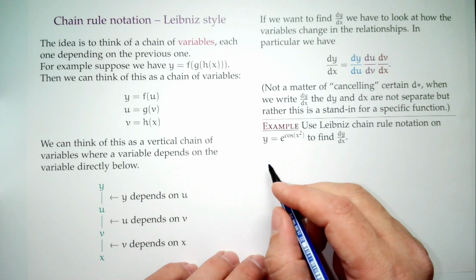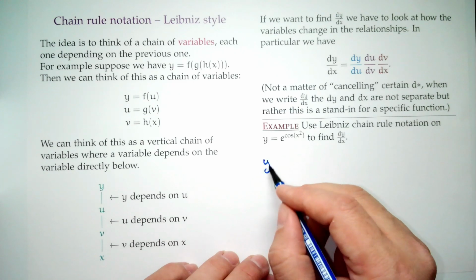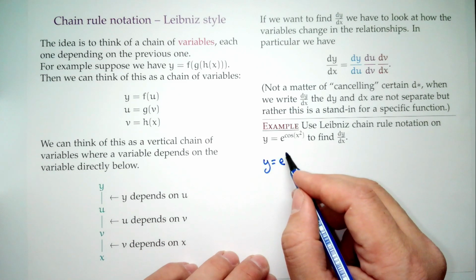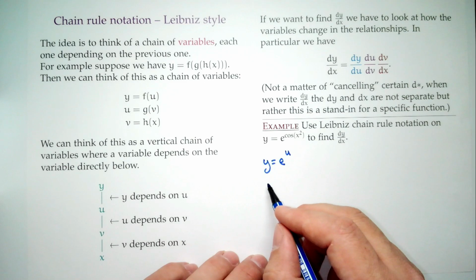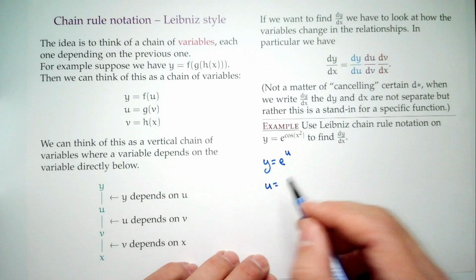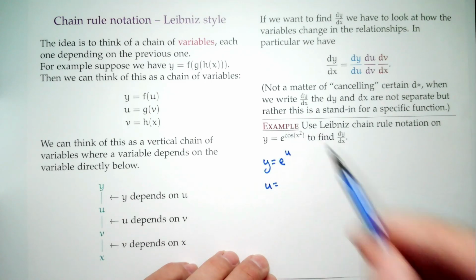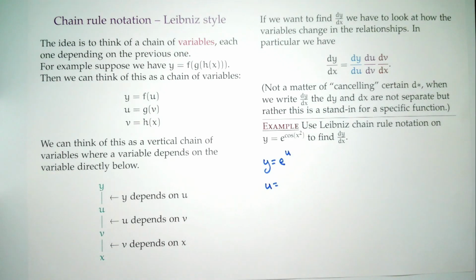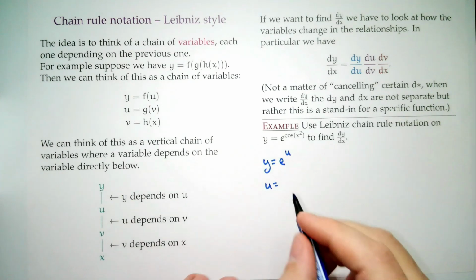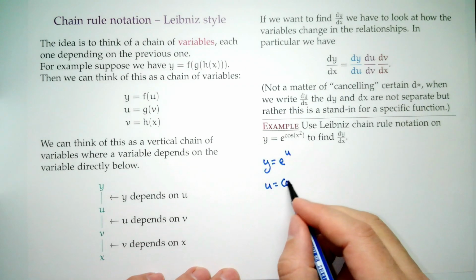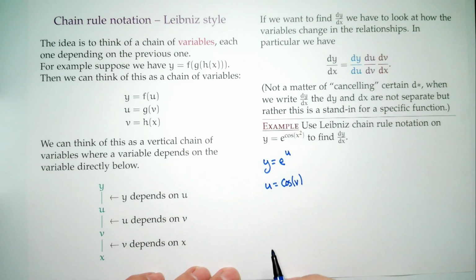Yeah, so we're going to say our outermost function is e to the u. Then u, that's the inside part, is the cosine of x squared. Again, what's the outermost function of cosine of x squared? The cosine is. So I'm going to let u become cosine of v.